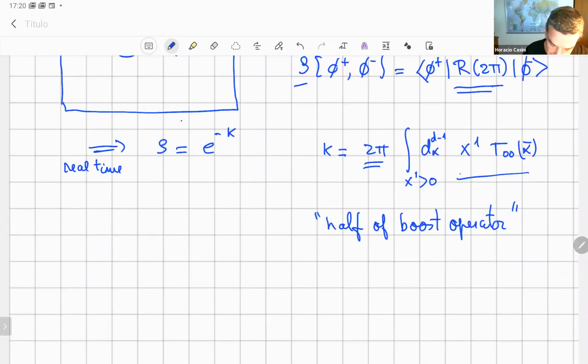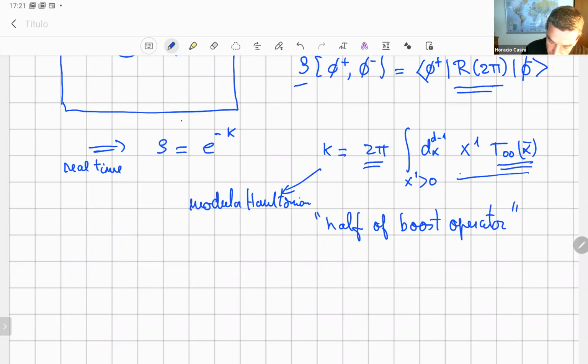And this gives us exactly the value of the modular Hamiltonian. This is the modular Hamiltonian, in this case, which is very peculiar because it is local in the energy density operator. It's an integral of a local operator.